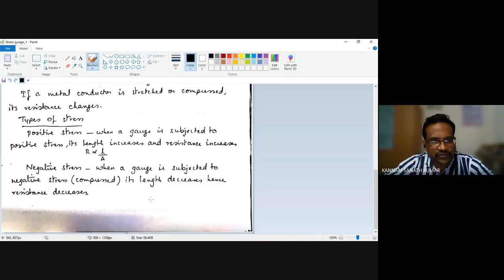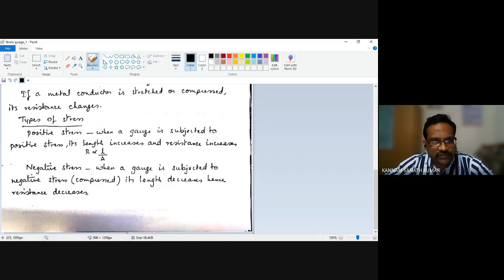What is positive stress? When the gauge is subject to positive stress, its length will increase. As resistance is directly proportional to the length, if length increases, resistance will increase.